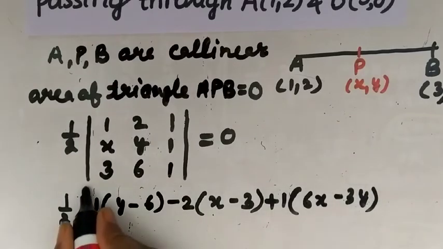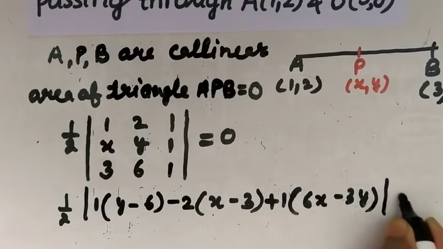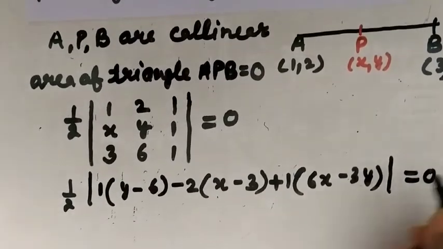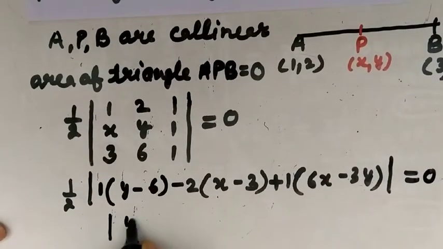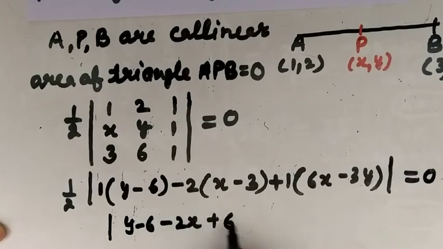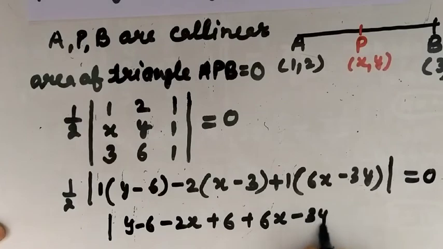I am applying mod here, equal to 0. After solving we will get y minus 6 minus 2x plus 6 plus 6x minus 3y is equal to 0.